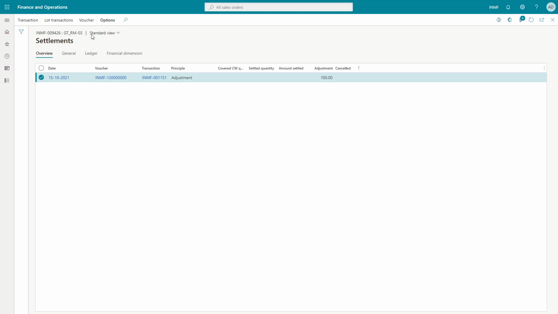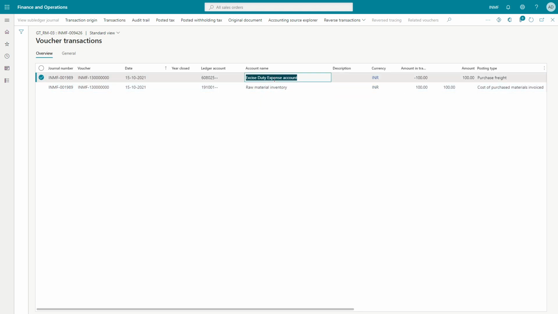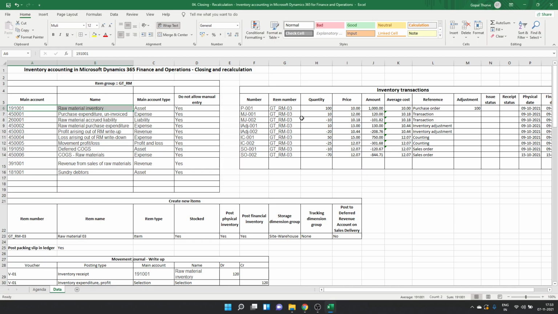Okay, so you can analyze the voucher for this also. So it is raw material debit by 100 bucks to the GL account which I selected in the credit portion of my charge code definition, which is posted with now purchase freight. Okay, so let's account this also. Now, this is as far as my inventory transaction is concerned.